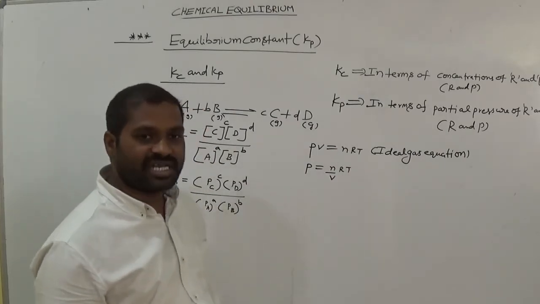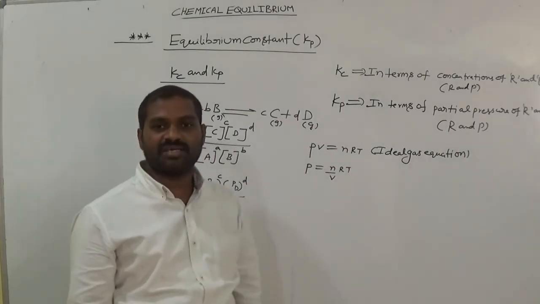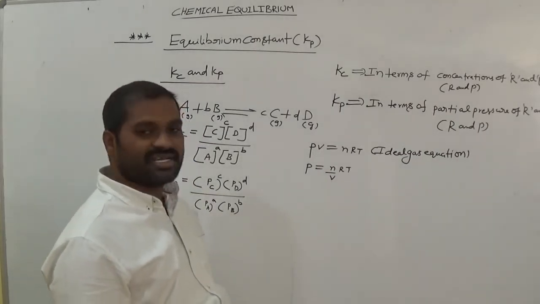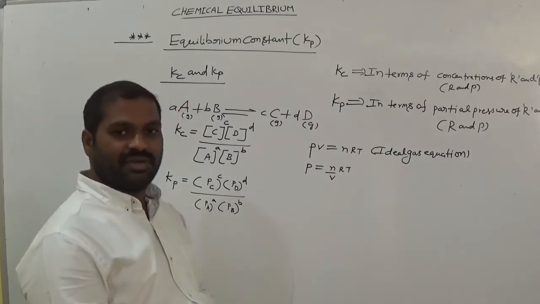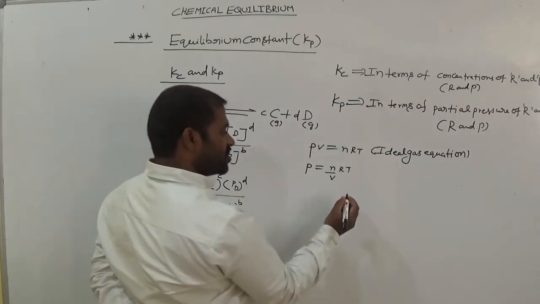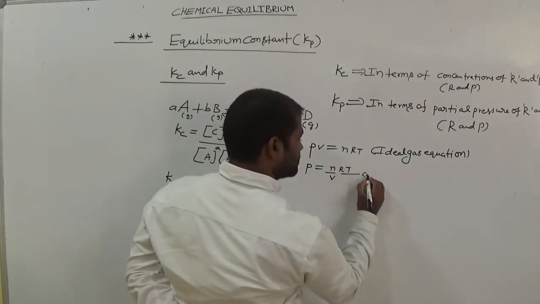R is a constant named the universal gas constant, which we already discussed in states of matter. T is the absolute temperature. These two are constants.